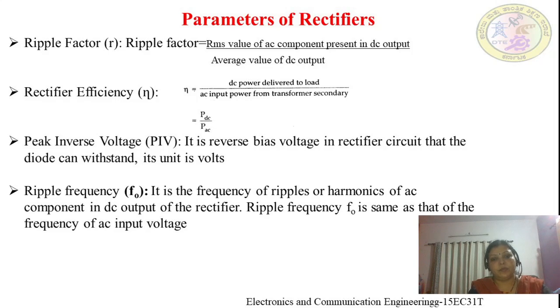It would be the same as that of the AC input, as it is for only a half cycle. Hence the frequency is the same as that of the AC input, that is f naught.